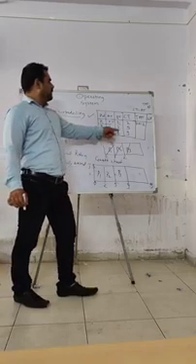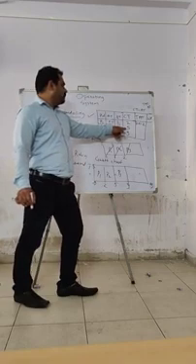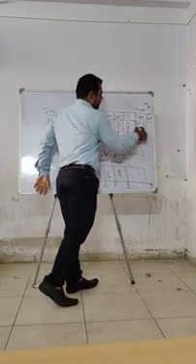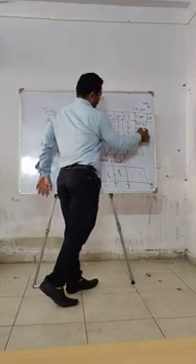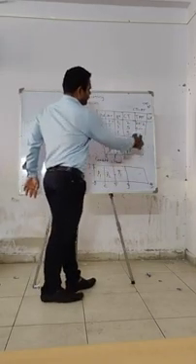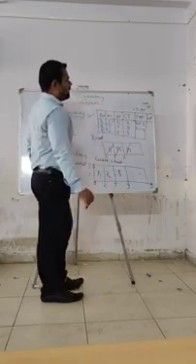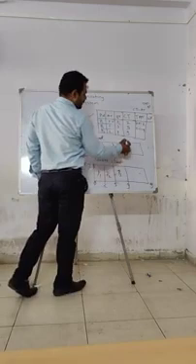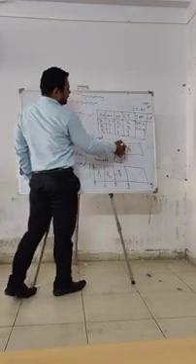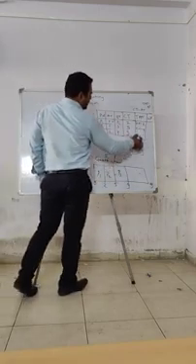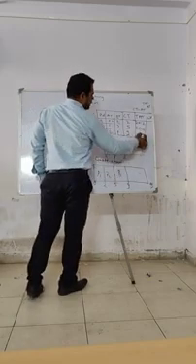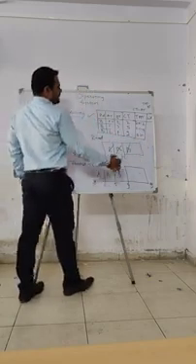Same thing. Completion time of P2 is 5 and arrival time of P2 is 1. 5 minus 1 is equal to 4. Now we will calculate the turnaround time of process P3. The completion time of process P3 is 9. 9 minus arrival time of P3, which is 2. It will be 7.